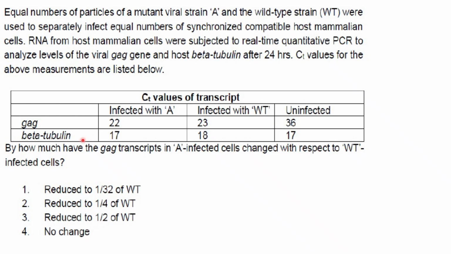So that is why you require a reference standard. Then how much do the gag transcripts in A infected cells change with respect to WT infected cells?